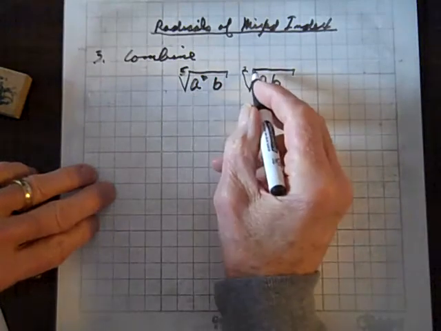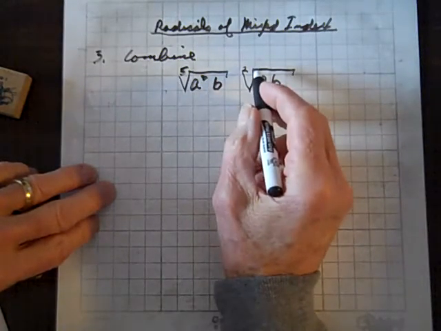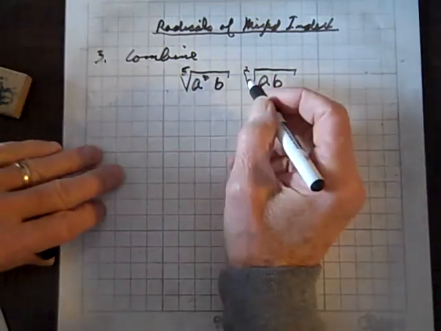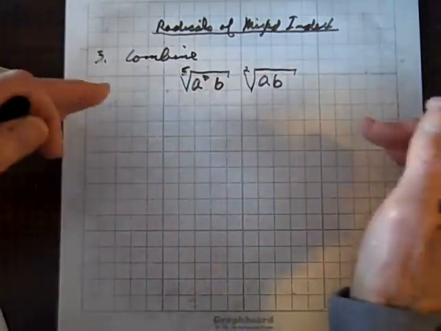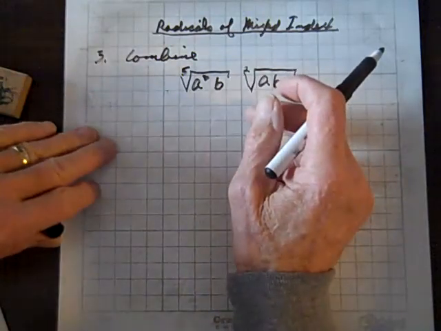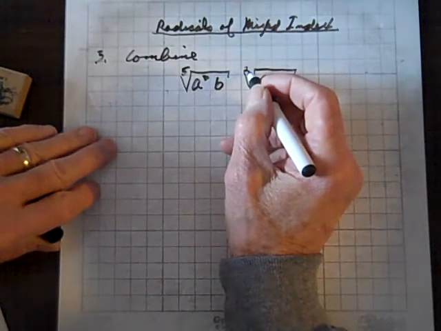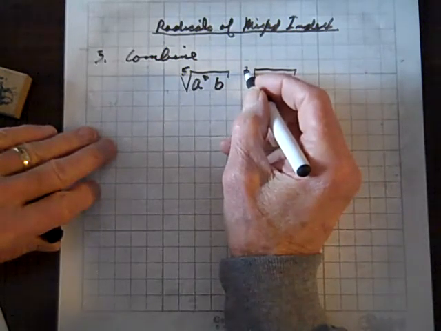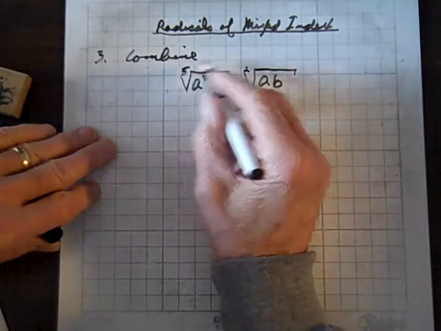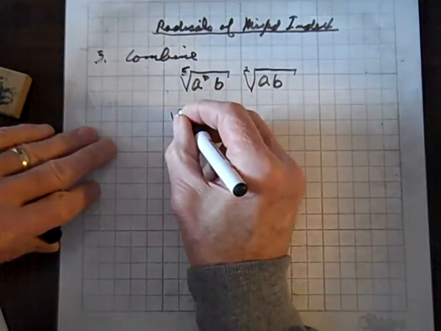Now, what's the least common multiple of 2 and 5? Well, it's 10. In order to combine these two, we have to have everything under one radical. And that radical will be designated by the least common multiple of 2 and 5. So that's 10. So we're talking about the 10th.